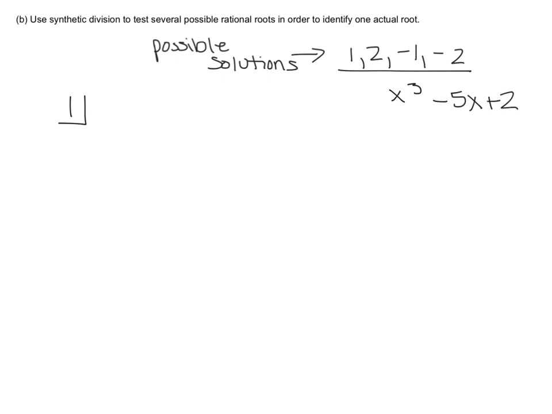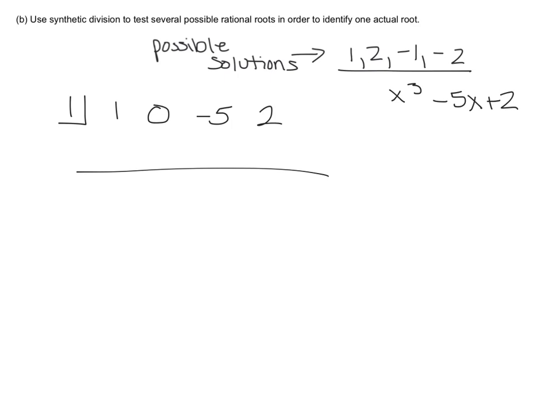So the numbers that go next to that box with the 1 in it are 1, and then I need to have an x squared term, and I don't, so I'm going to put a placeholder of 0. And then I have a negative 5, and then a positive 2.